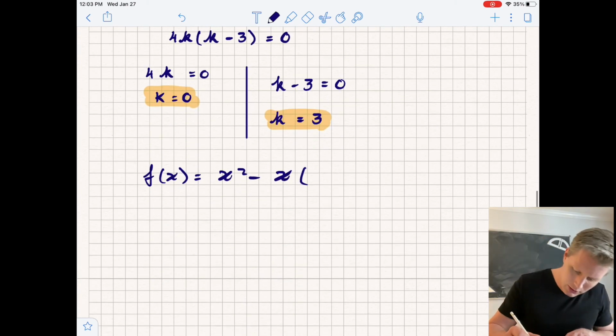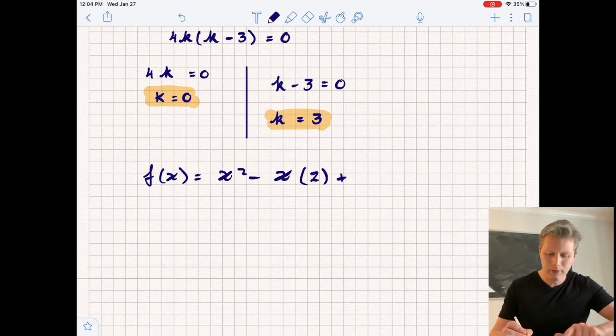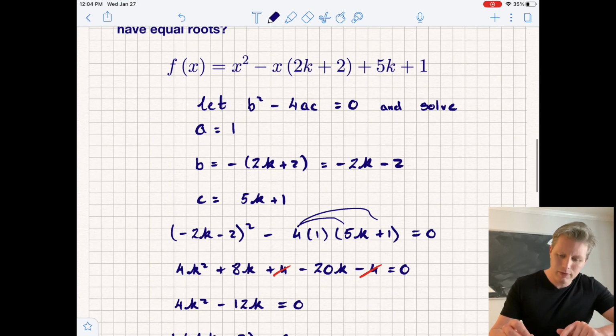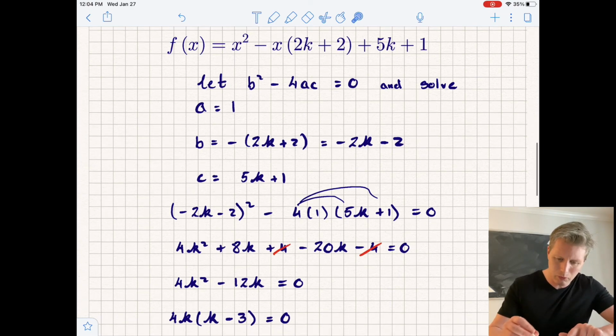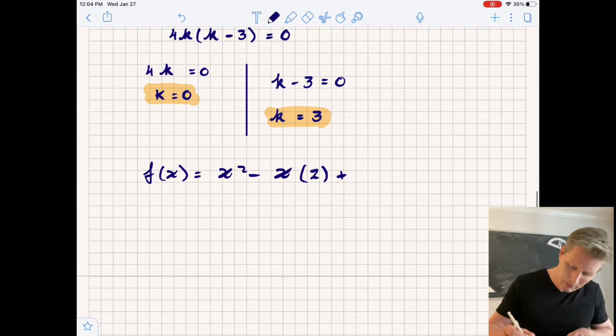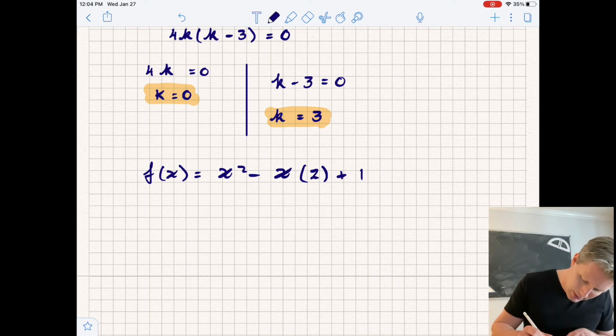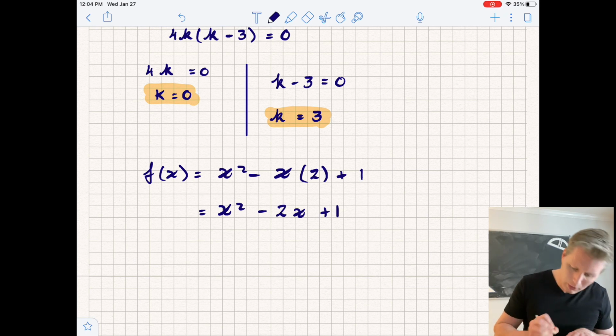So that will be just 2. And then I will have plus 5k, which is 5 times 0, which is 0, so just a plus 1 at the end. So that is equal to x squared minus 2x plus 1.